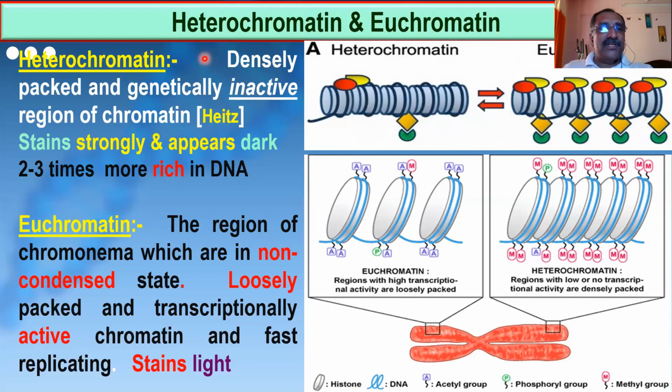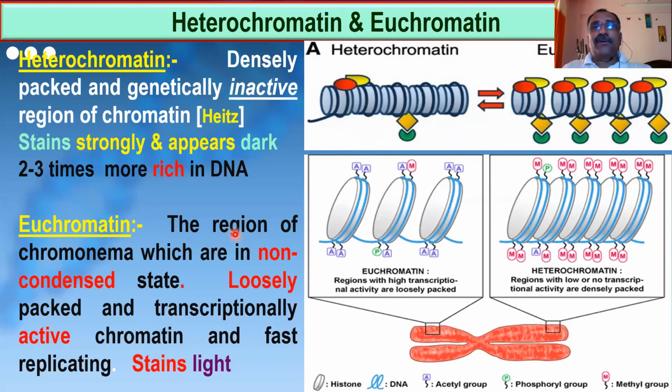So these are the points you have to keep in mind. Heterochromatin, I repeat: condensed, that is closely packed, then inactive, staining more, and 2 to 3 times more DNA. In euchromatin, you can see it is the opposite.